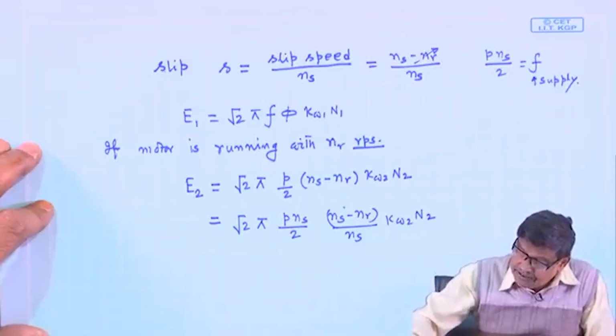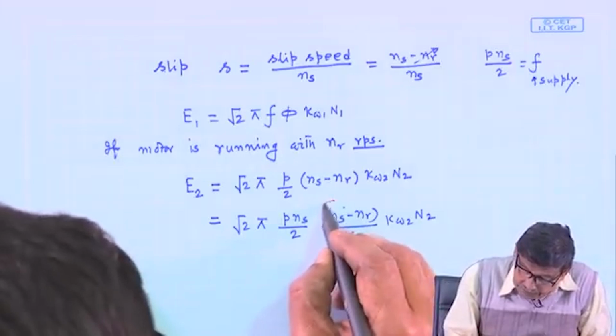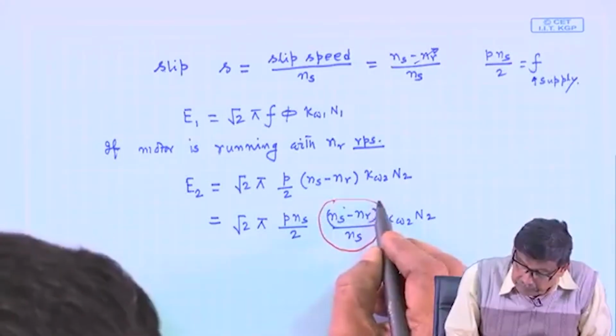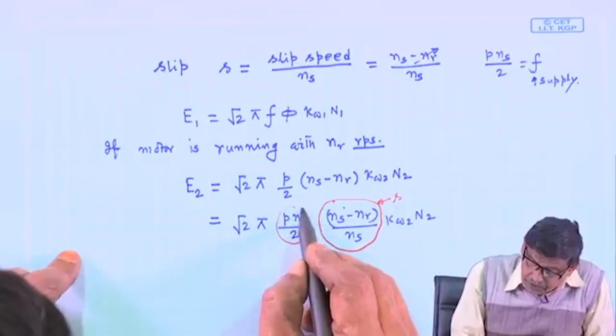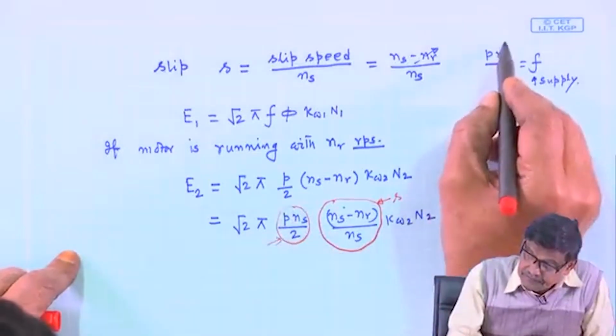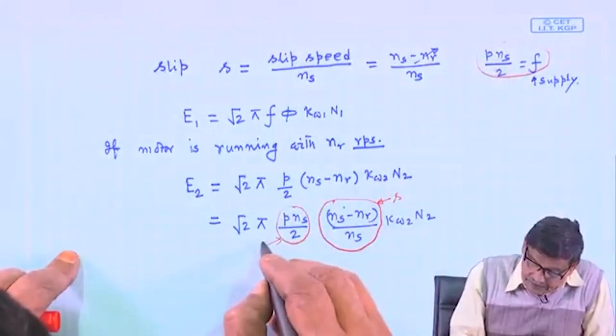And we have defined this term as S, slip, and P Ns by 2 is already known to be the supply frequency, f.